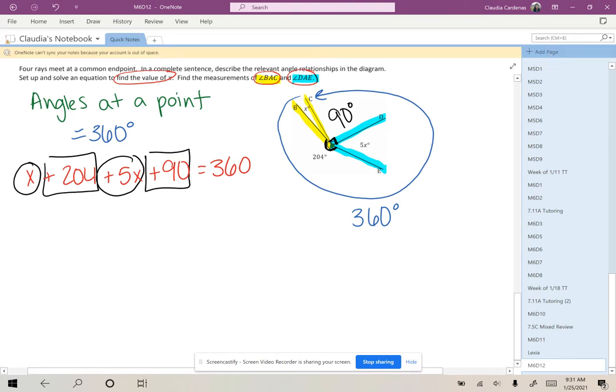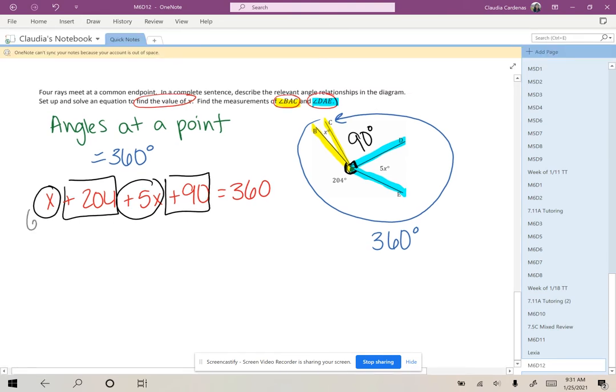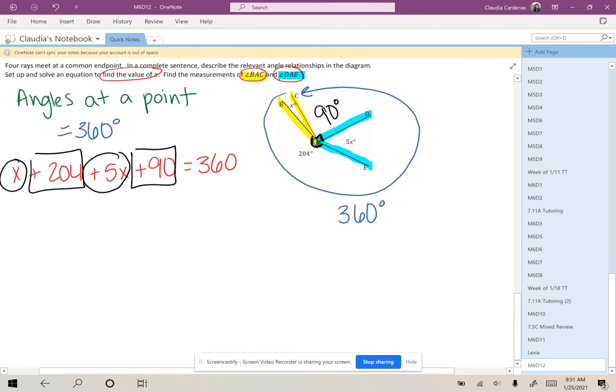So I see x plus 5x, which will give me a total of 6x, 1x plus another 5, 6x. And I also see 204 plus 90. So when I add that up, I get 294, and they still equal 360 degrees.